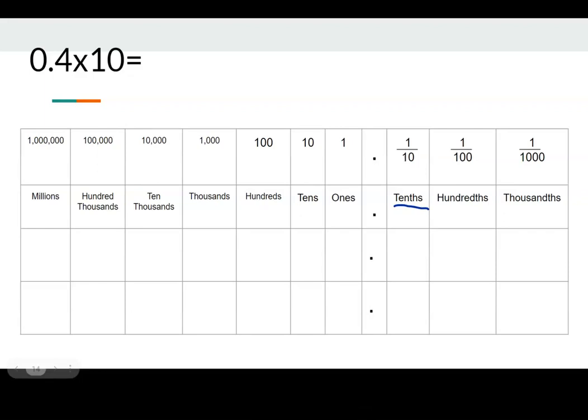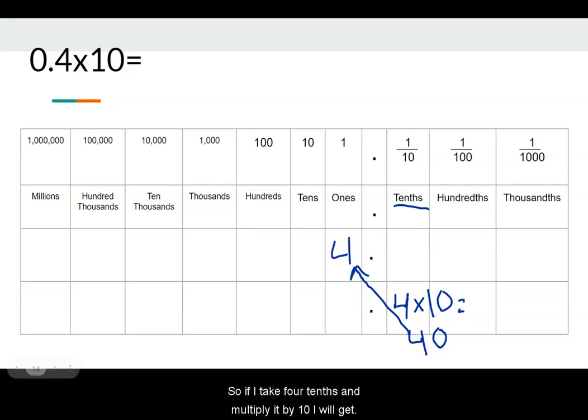So we have 4/10, and I'm going to multiply my 4/10 by 10. 4/10 times 10 is going to be equal to 40/10, which is going to be the same as 4 ones. So if I take 4/10 and multiply it by 10, I will get 4.